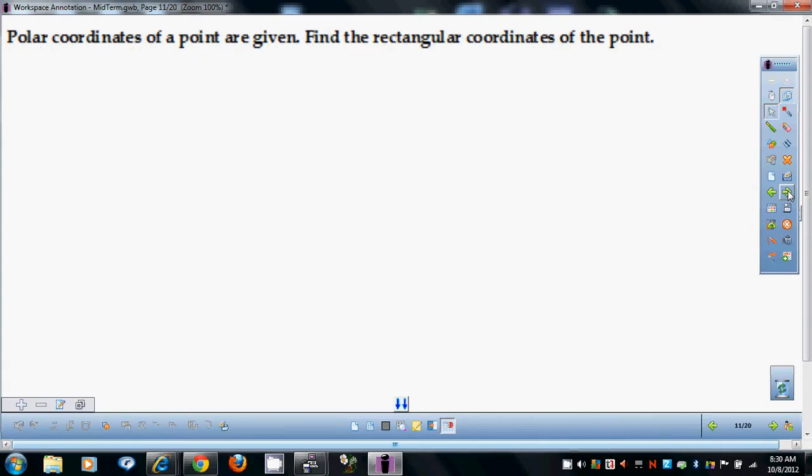Number 9. Polar coordinates are given. Find the rectangular coordinates. This is the one Seamus spoke up on the first time. I remember. What's going to be given and how do I solve it?